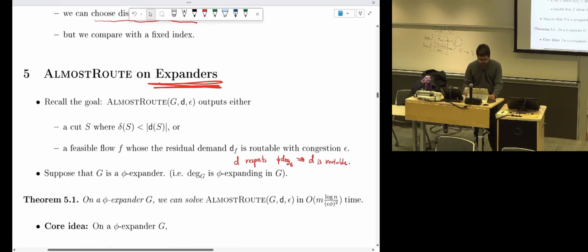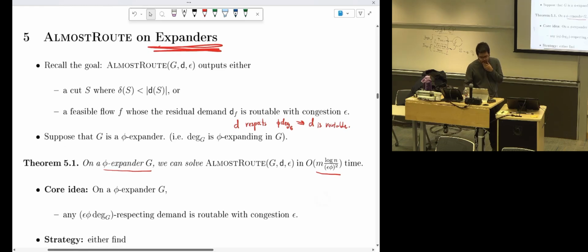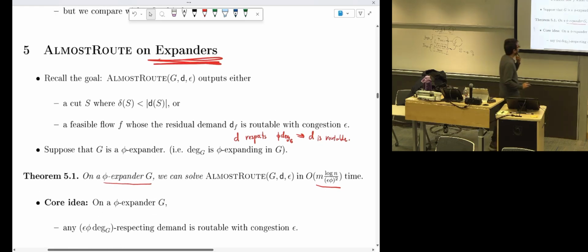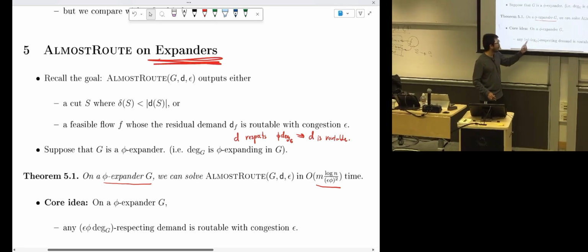What we're going to show is that on a phi expander, we can solve almost route in this time. So if phi is not too small, then this is near linear time. The core idea is just that if the demand respects epsilon phi degree, then this demand is routable with congestion epsilon.